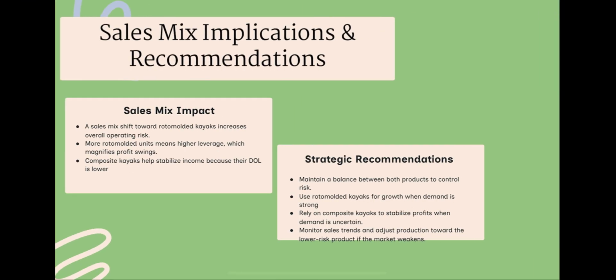And now looking at how this ties into the sales mix, when Riverride sells a higher percentage of rotomolded kayaks, the company's overall operating leverage increases. And higher leverage means profits move more when sales move, so the business becomes riskier. Composite kayaks help balance it out because their DOL is lower and the profit is more stable.